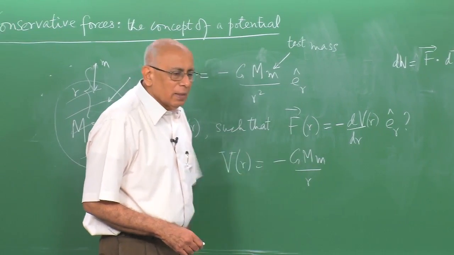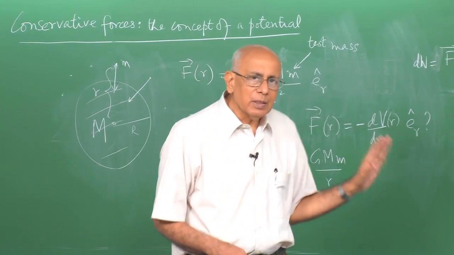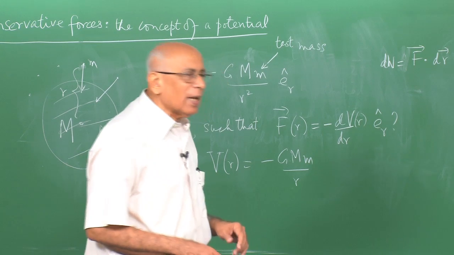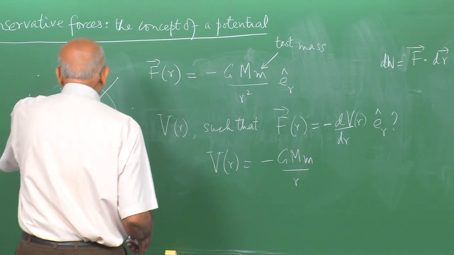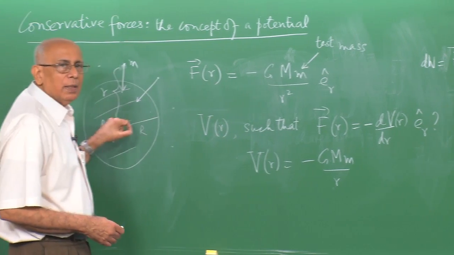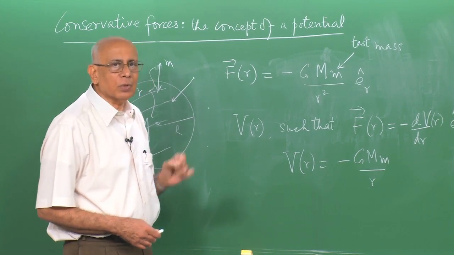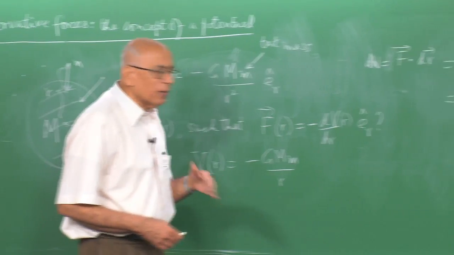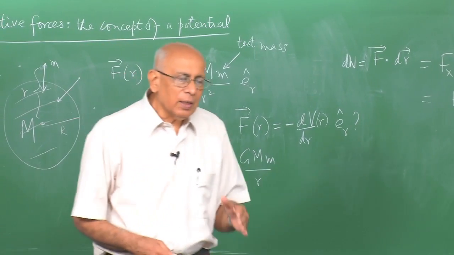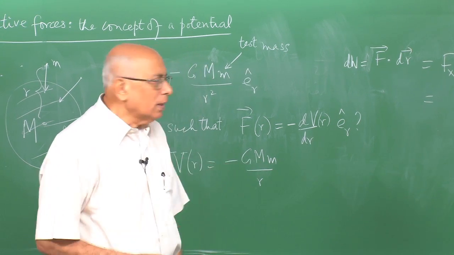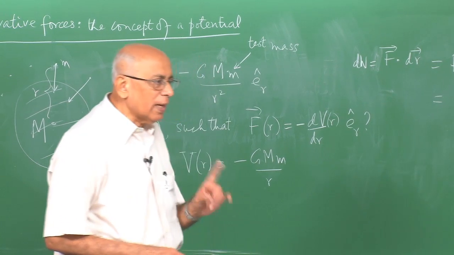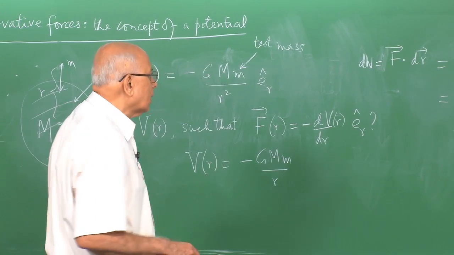So how is it that I was able to get away with only this dependence coming in? The answer comes from the fact that I know already that the force is radially inwards or radially outwards, and such forces are called central forces, forces which in spherical polar coordinates do not depend on the angular coordinates but only the radial coordinate. If the force is directed only radially, it's called a central force.